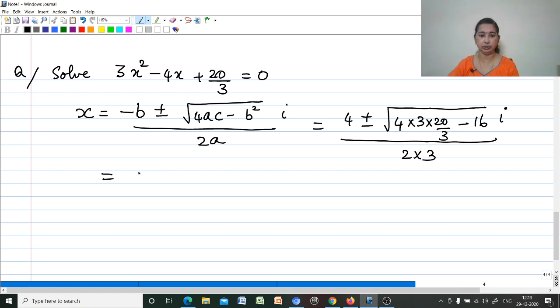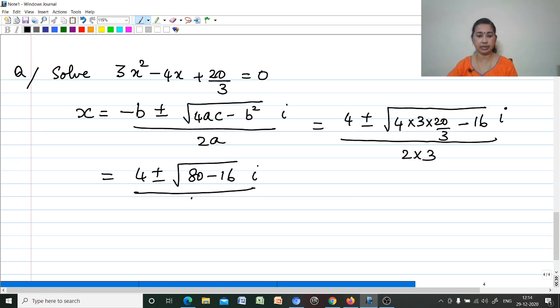That is equal to 4 plus or minus, here 3 getting cancelled, remaining 20 into 4 is 80. So root of 80 minus 16 into i divided by 6, and 80 minus 16 is 64. So this is 4 plus or minus root 64.